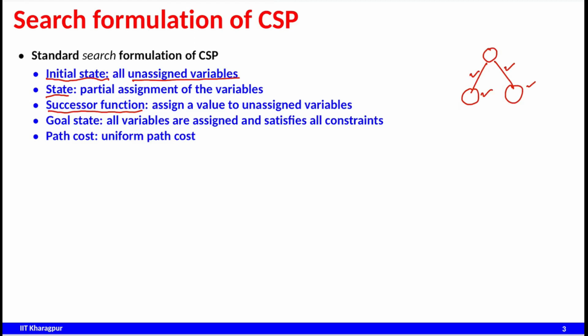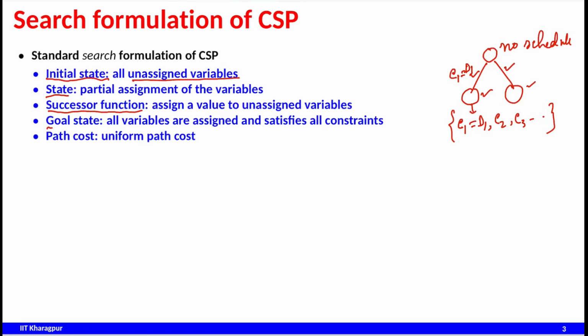For example, in the exam scheduling problem, I have no schedule at the start, and then I can say that I choose subject C1 on day 1. That is my choice, and once I move to the new state, I have a partial assignment like C1 equal to D1, while C2 and C3 are still unknown at this state.